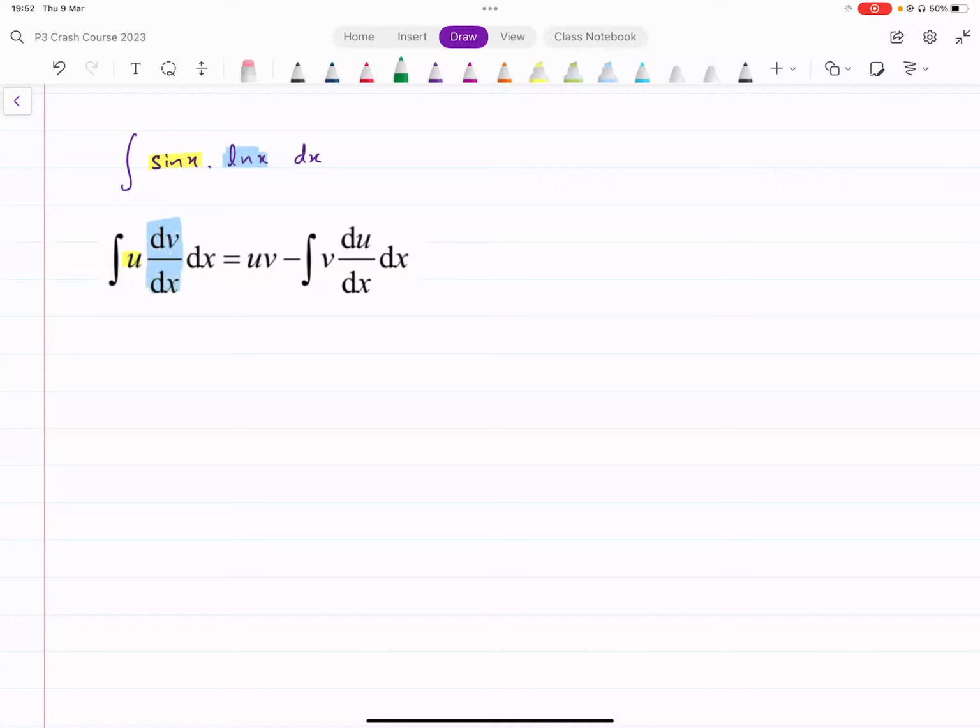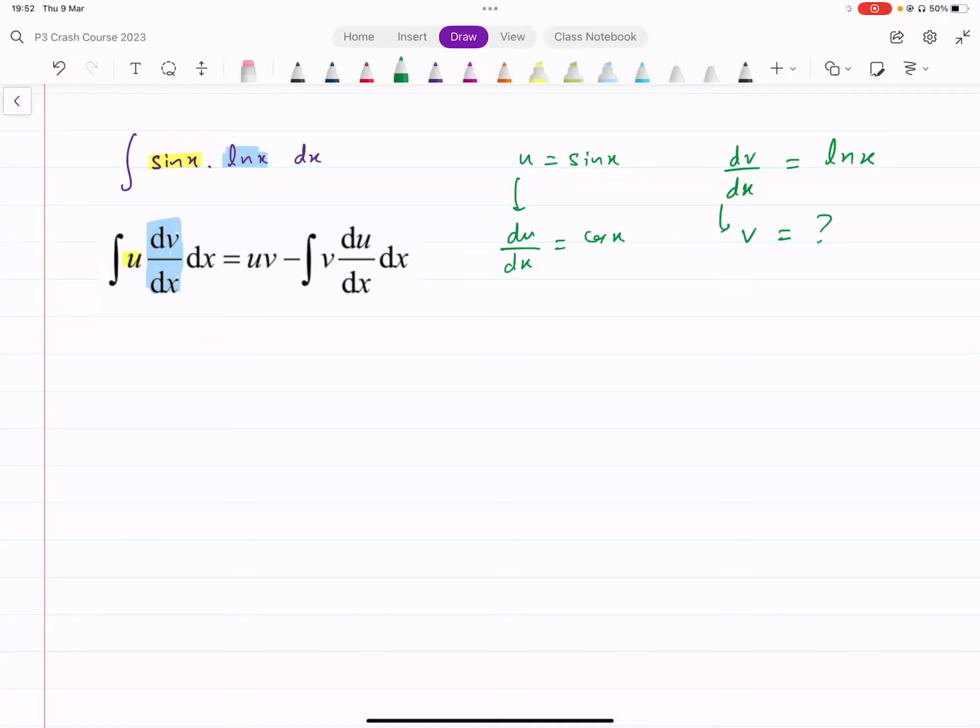you would have u equal to sine x, and du over dx would become cos x there, which is okay. Although it's not getting very simple, so that's a problem, but we can still differentiate it. However, dv over dx is ln x. We have to integrate it. We do not even know how to integrate ln x, right?